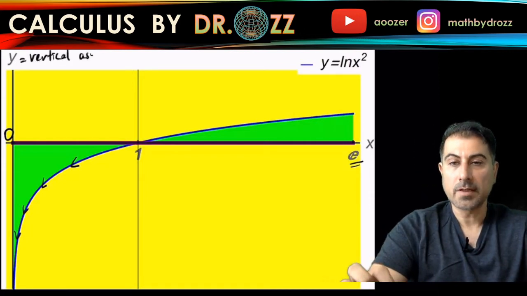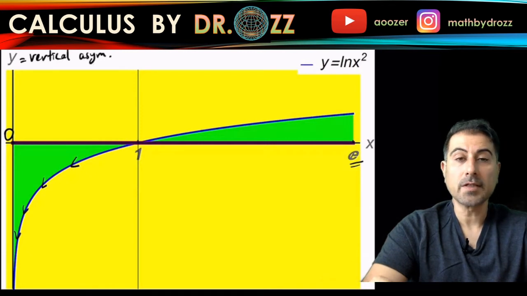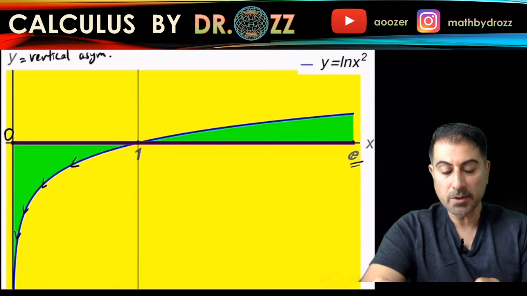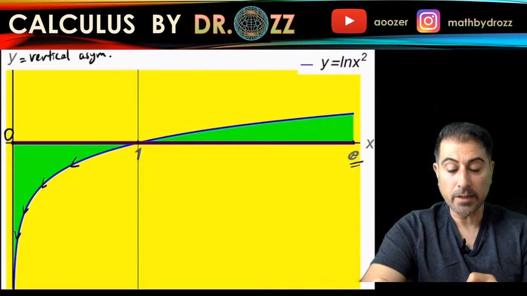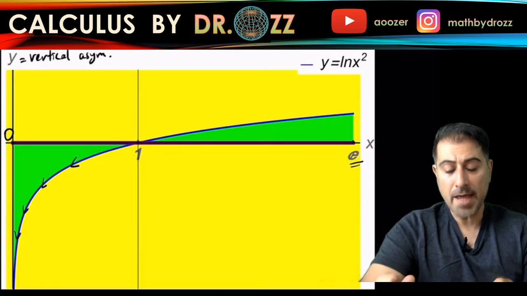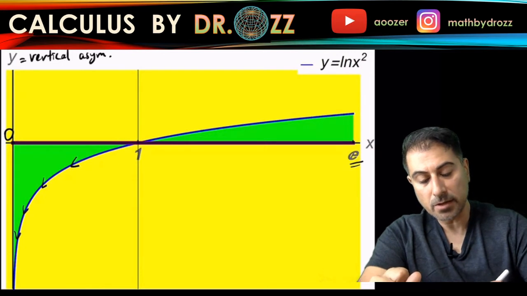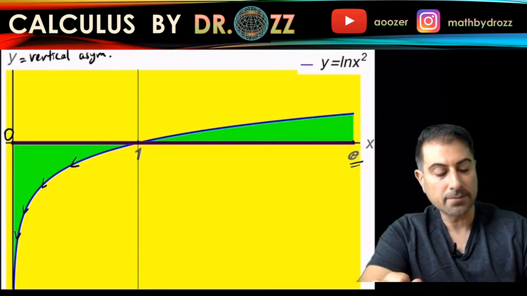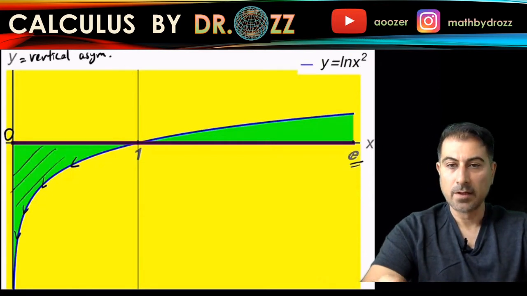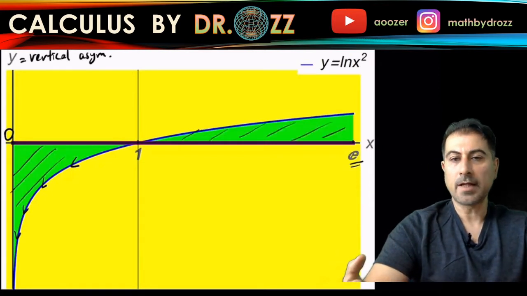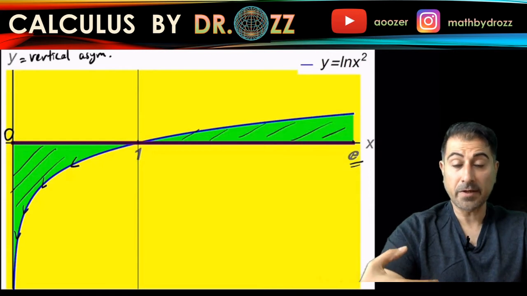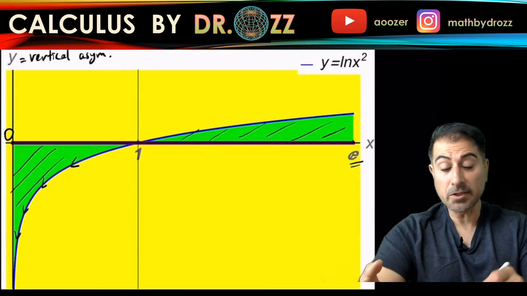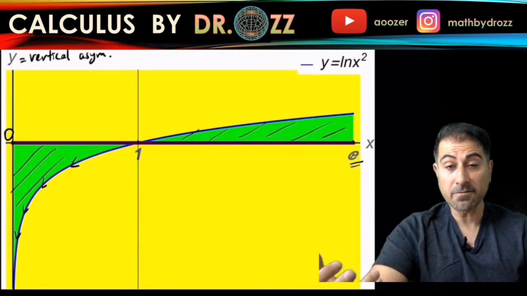So we have to handle this carefully. Plus, there's another observation: since we're dealing with the integral from 0 to e, we're adding negative areas to positive areas. I wonder if the negative areas are going to cancel the positive areas, even though the negative area is an infinite area.